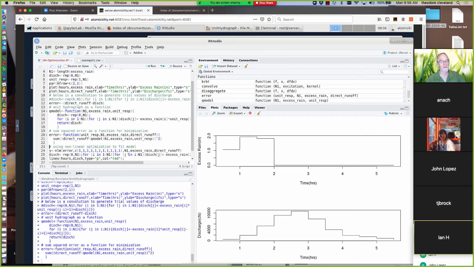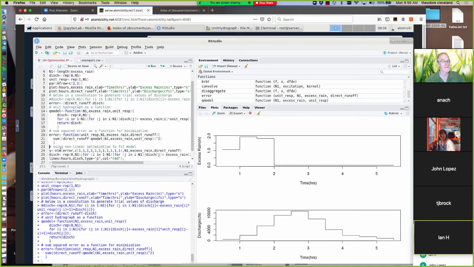And now we're going to use a tool that's built into R called nonlinear optimization, NLM. And what the nonlinear optimization needs is a function that computes the objective value, in our case error, a function that contains the inputs, in our case the unit weights, how big everything is, N1, and then any additional terms that are needed for the error function to operate, in this case excess rain and direct runoff.